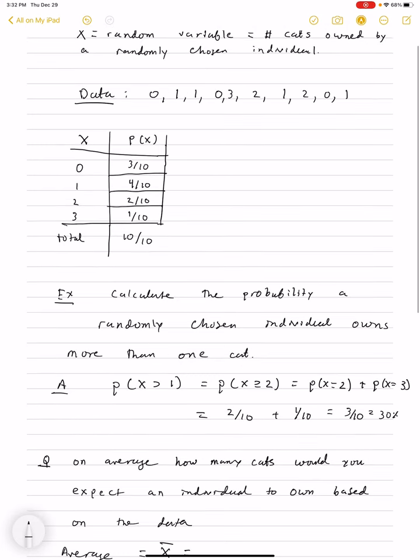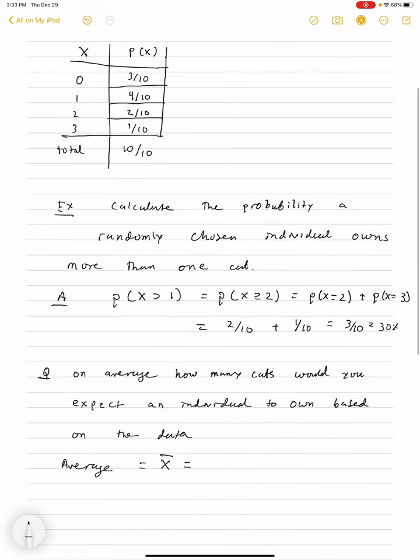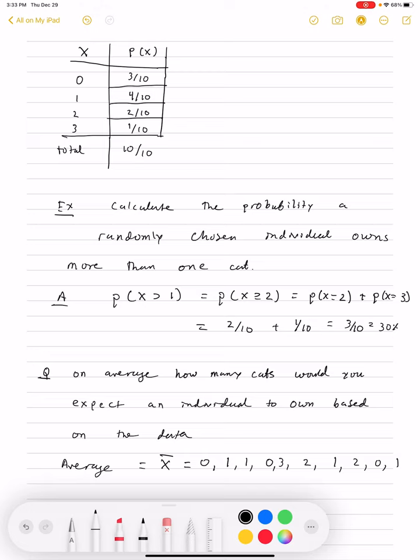And with data, hey, we have data right here. With this data, I can just add it up and divide by the total number, right? So here's that data. And it looks like I made no errors in writing it down.